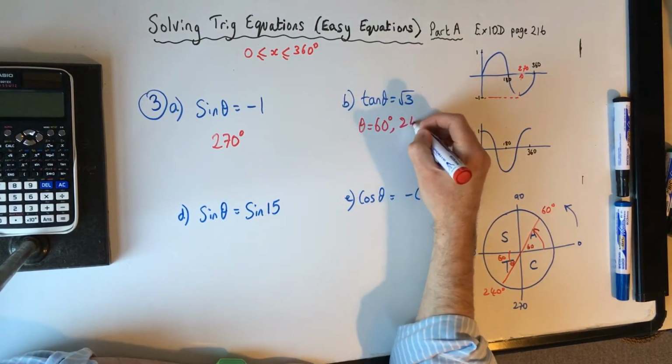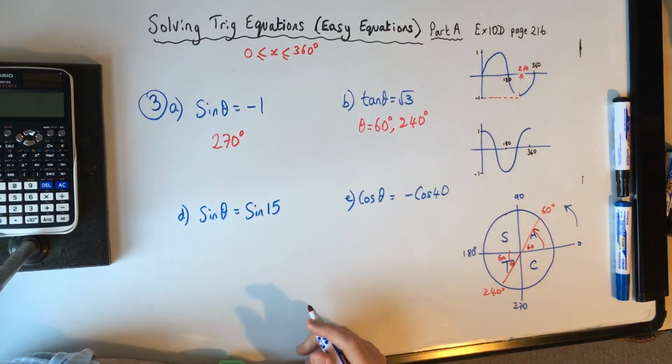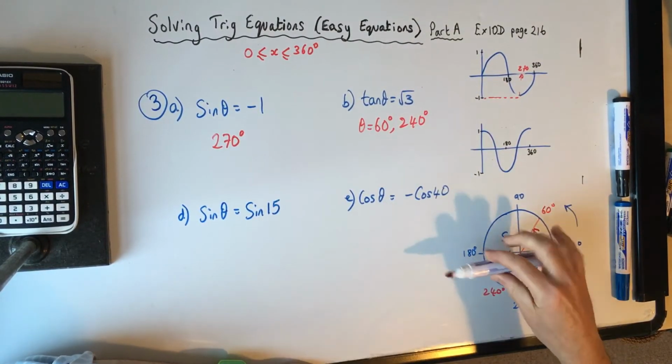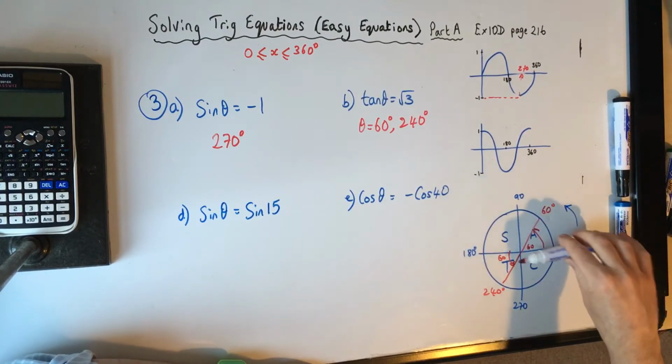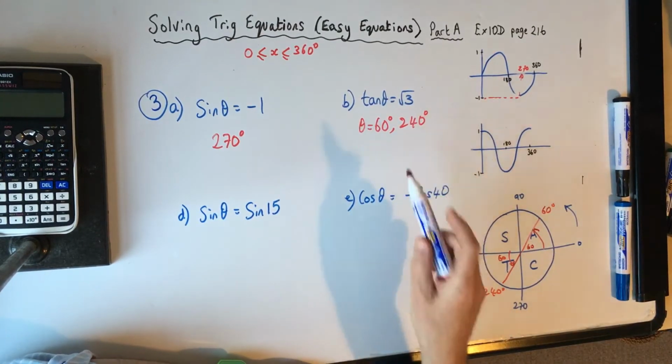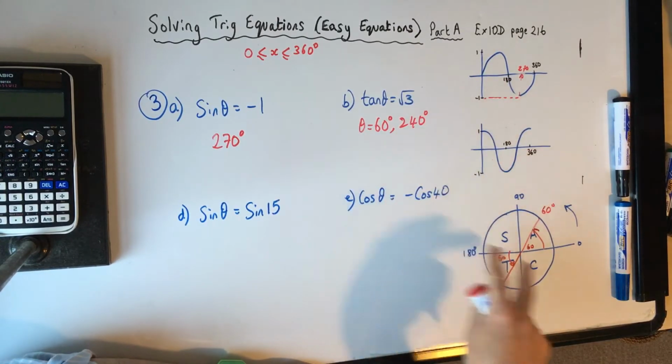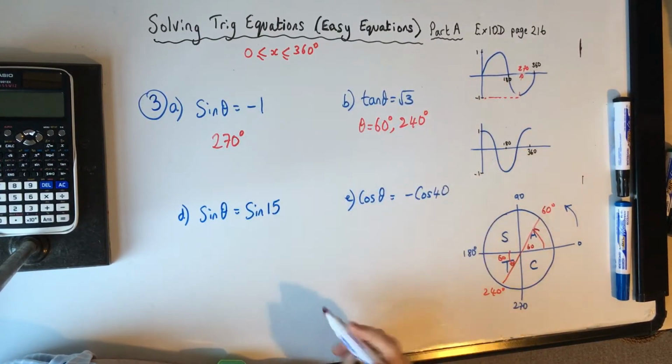That's how we use the CAST wheel. If we turn 60 degrees into the other regions, in other words 120 or 300, and put those two angles into our calculators, we'd have -√3.